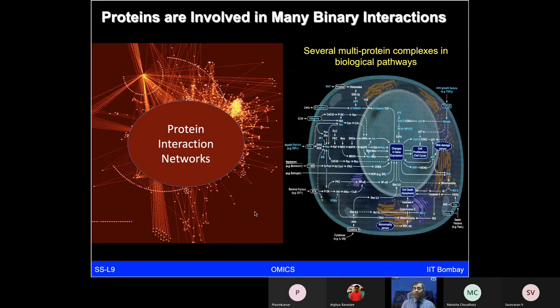That's where a lot of bioinformatics and various computational tools come into play, to build these kinds of protein interaction networks. Also, on the right-hand side, you can see several multi-protein complexes which are involved in biological pathways. One could see in this complex image how different proteins interplay, playing an important role which can govern these biological pathways and biological functions.